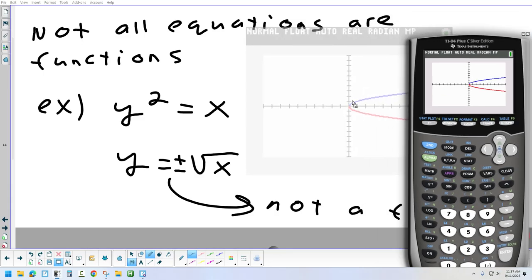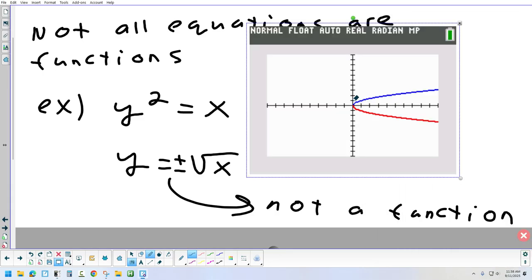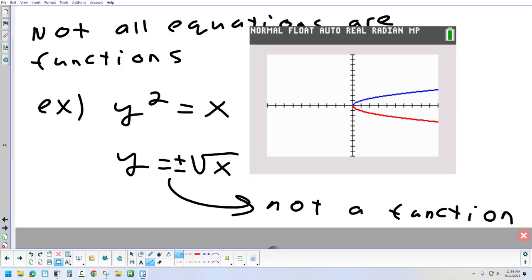And the easy way we can tell something is not a function: if the idea of for every input there's only one output doesn't make sense, you're maybe more of a visual person. If every input only has one output, then you're going to be able to take a vertical line, put it everywhere, and it would only hit one time. Does that vertical line only hit that picture, including the red and the blue part together, one time?